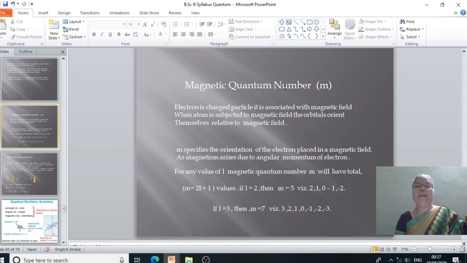Here magnetic quantum number denoted by small letter m, and it specifies the orientation of the electron placed in a magnetic field, and it has values m equal to 2l plus 1. That means if l equal to 2, then m will have 5 values, and those 5 values are plus l through 0 to minus l.